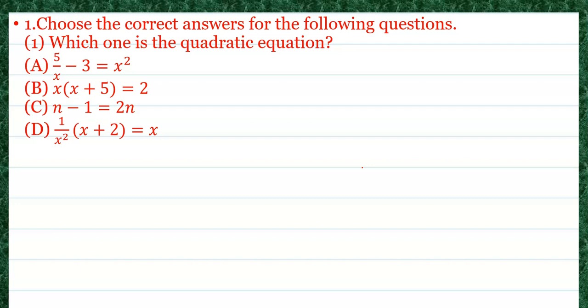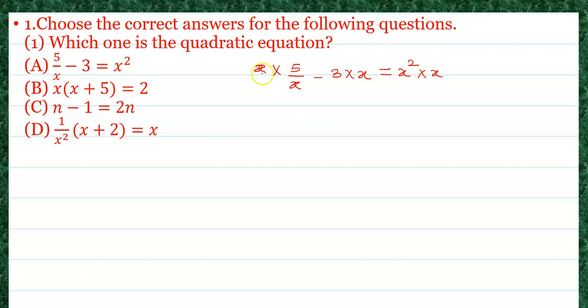If we simplify the first equation, that is 5 upon x minus 3, multiply on both sides by x. Then x into 5 upon x minus 3 into x is equal to x square into x.